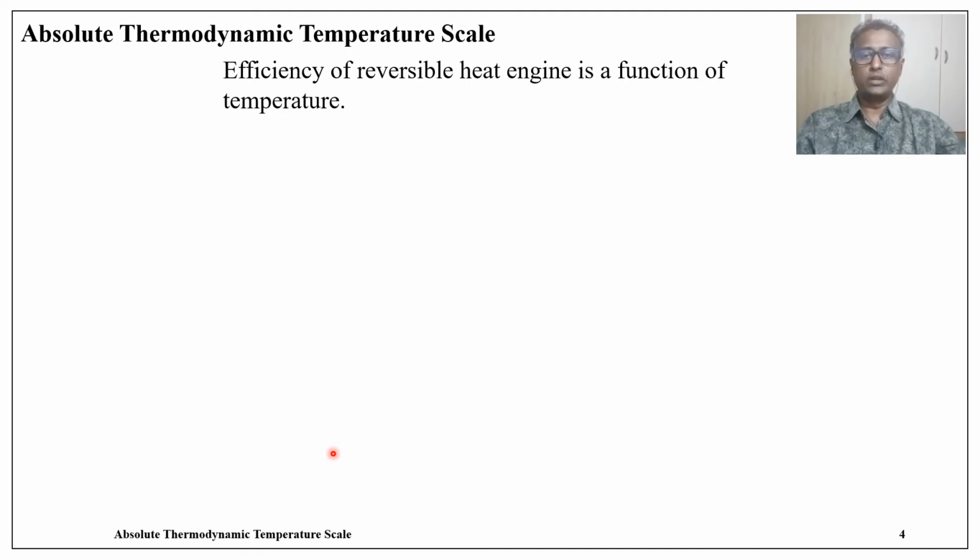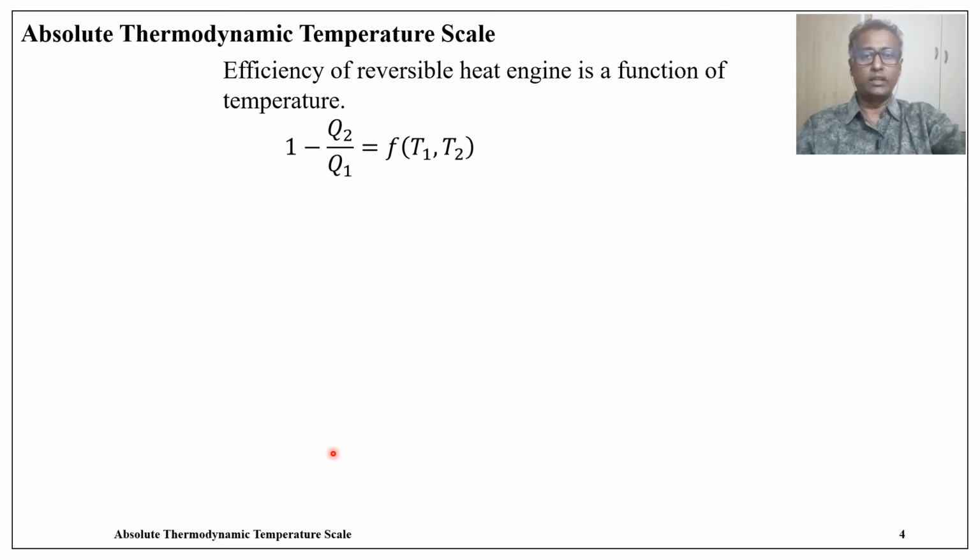So what is the absolute thermodynamic temperature scale? We will discuss. The efficiency of a reversible heat engine is a function of temperature only. This can be written as efficiency 1 minus Q2 by Q1, where Q2 is the heat rejected and Q1 is the heat supplied, is equal to a function of T1 and T2.